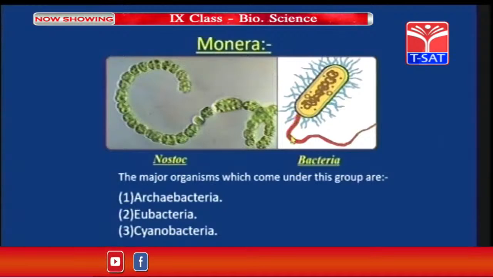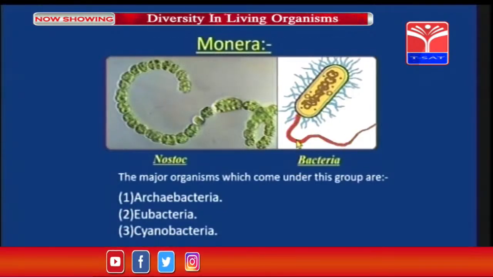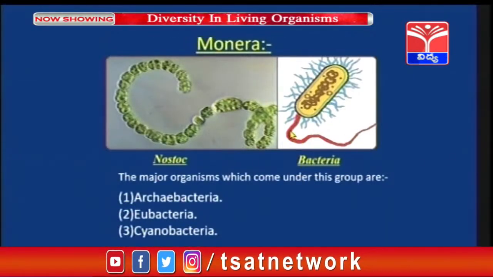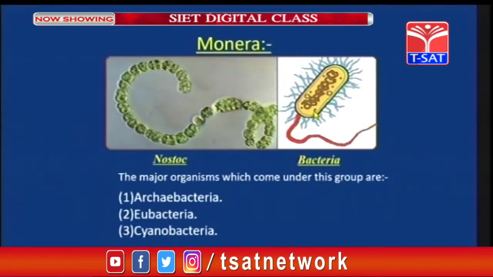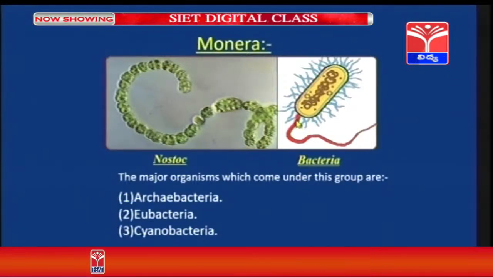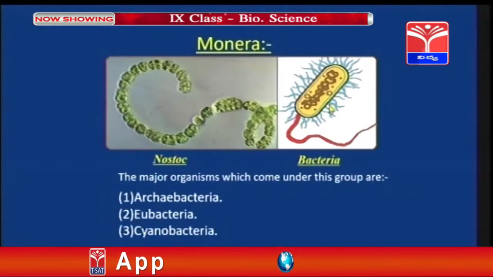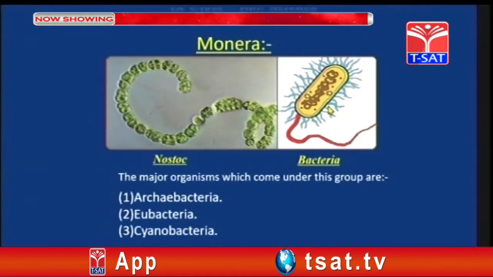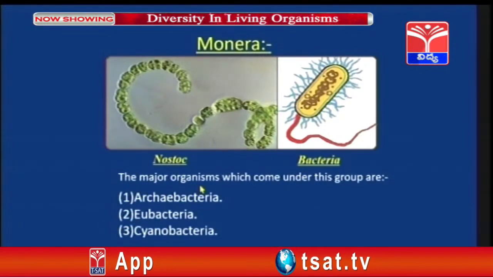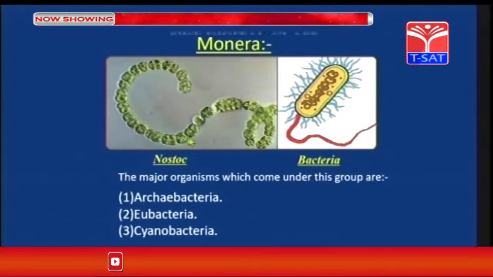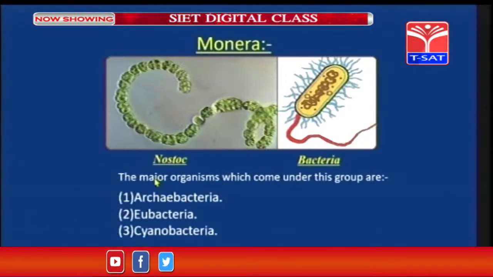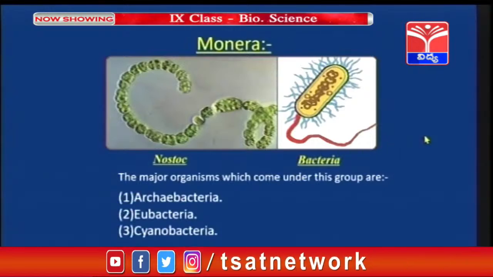The long red tail-like structure is called flagella. So, cilia and flagella are called locomotory organelles. That means the organelles which help in the movement of the organism. The major organisms which come under this group are archaebacteria, eubacteria and cyanobacteria.